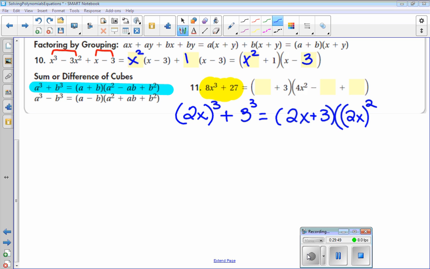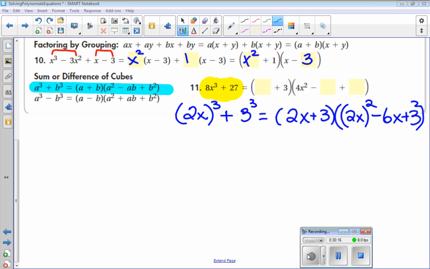Notice my pattern. I have a minus sign, then I have a times b. What is 2x times 3? What's 2 times 3? So I have 6x. Using my formula again, plus b squared, plus 3 squared.